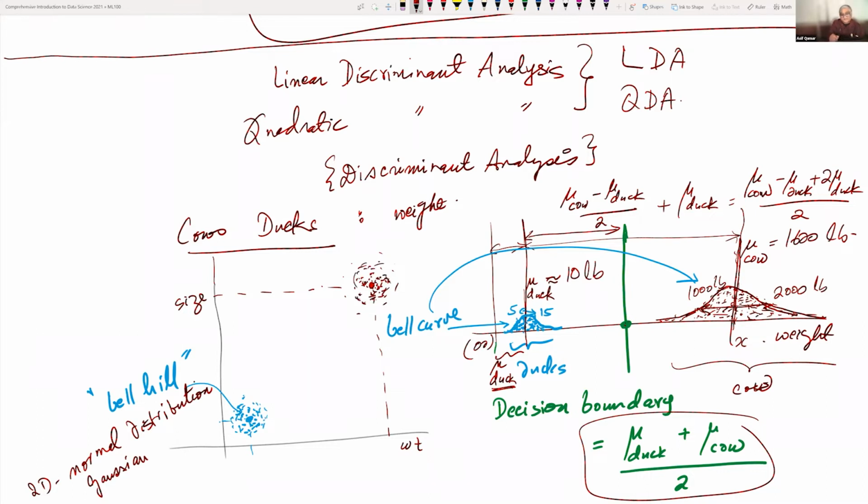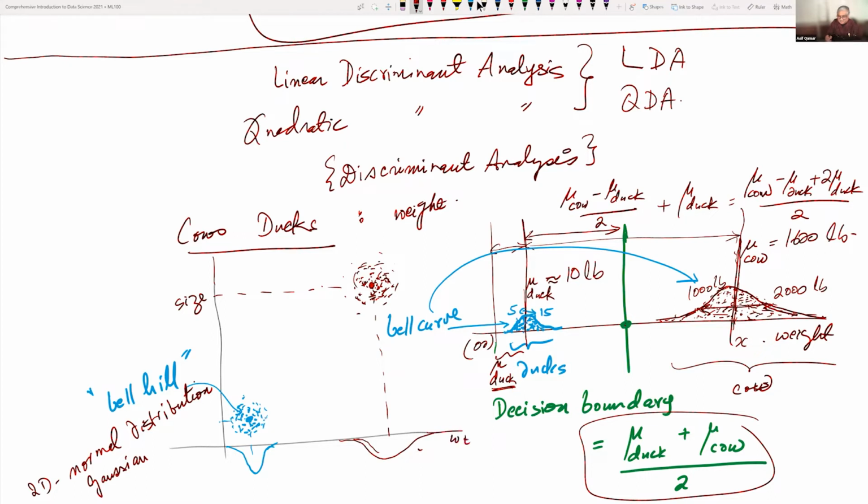Does this make sense, guys? So if you were to project the data on the weight axis, it would be roughly speaking a bell curve here. It would also be a bell curve. I'm just inverting the bell curve so that I don't go about overlapping things. This would look like a wide bell curve here.